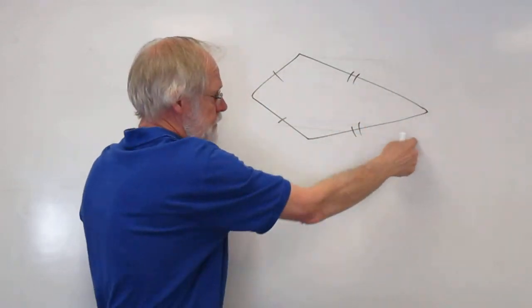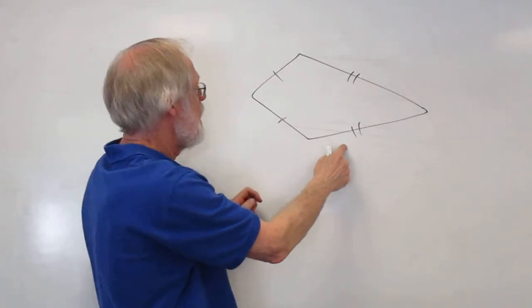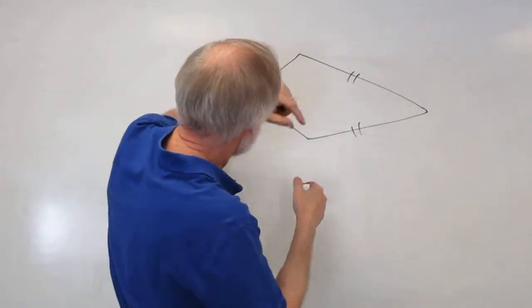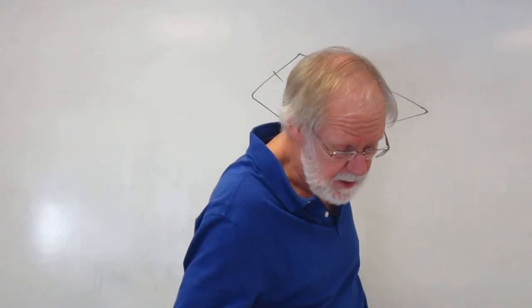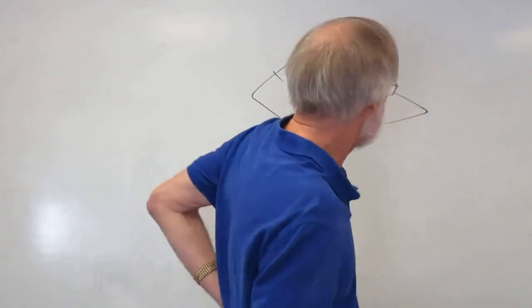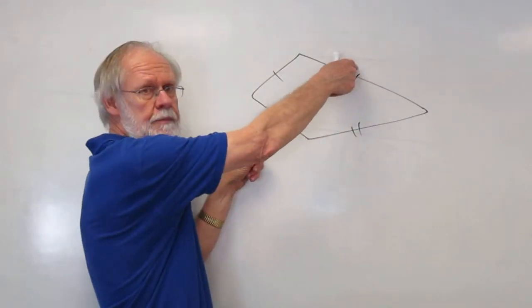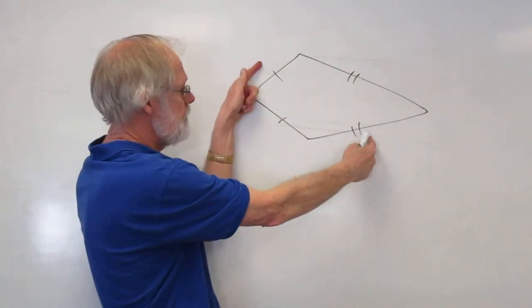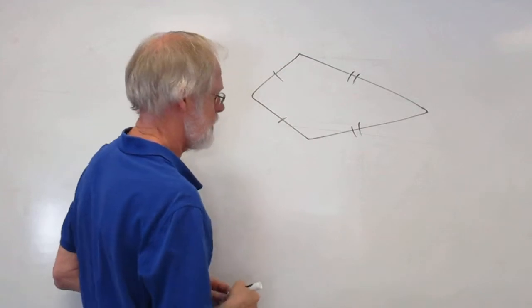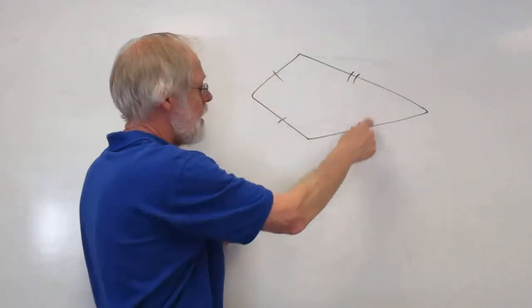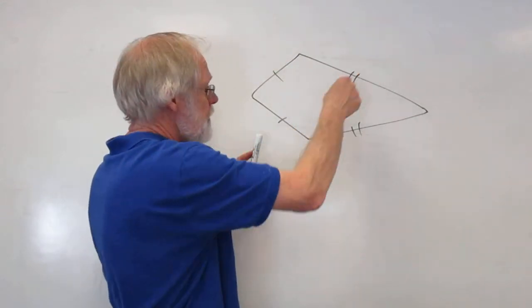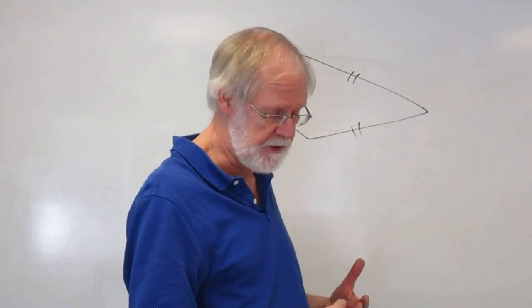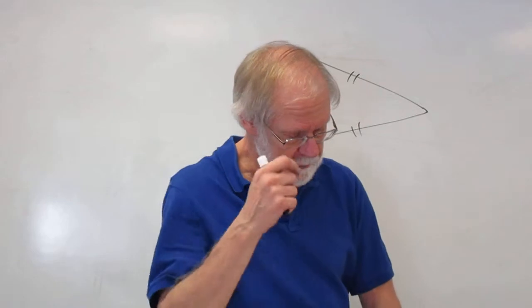These two are consecutive sides and they are congruent. But opposite sides are not congruent. So these two are opposite sides, they are not congruent, and these two are opposite sides and they are not congruent. So you can only have these two congruent and these two congruent. If you get opposite sides congruent, then it becomes a different figure, a parallelogram, for example.